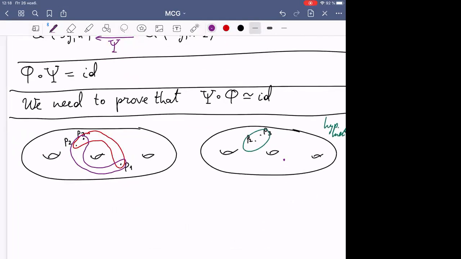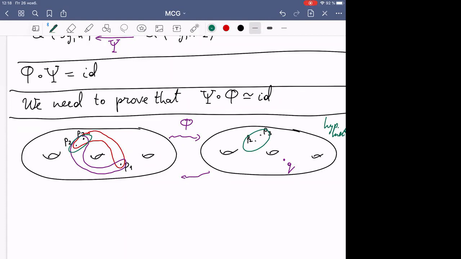For instance, if it turns out to be here, then passing here is phi, we forget about the puncture, and passing back, both of these red and violet curves actually go to this curve.